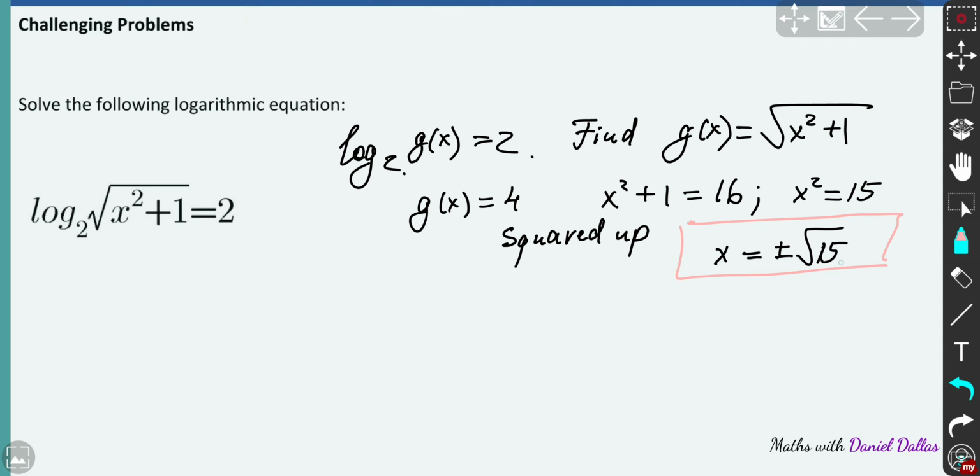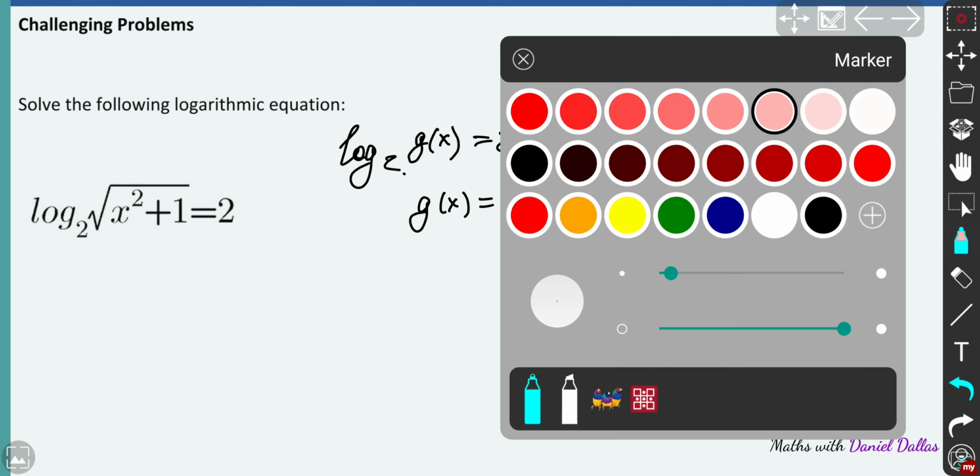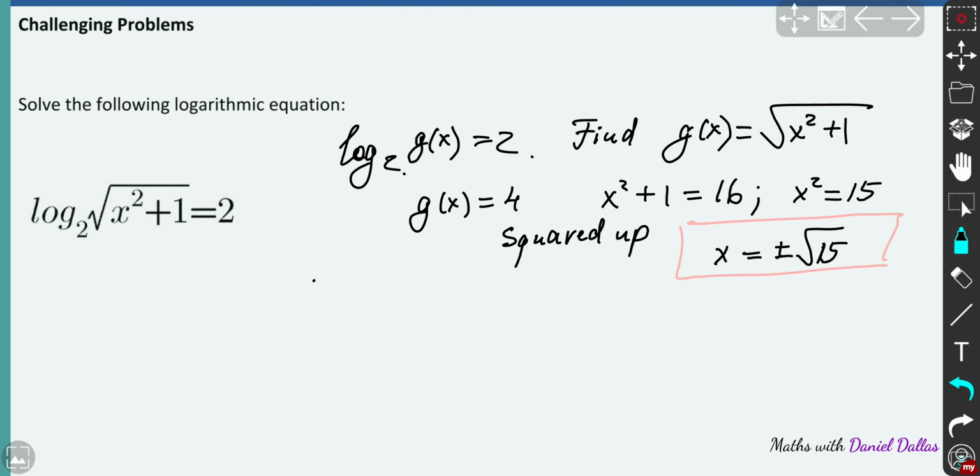However, here you just remember that according to the rule of log, g(x) should be and must be more than 0. So what if we plug in a negative number? There is no violation. x squared gives you a positive number. So the expression under the square root is always positive, because x squared plus 1 is always positive.